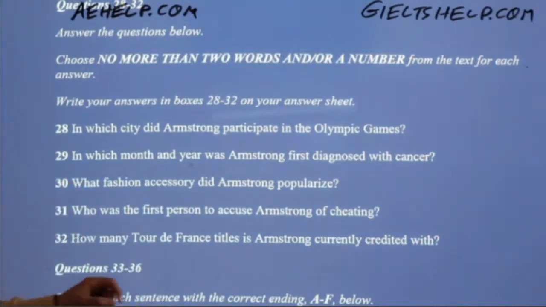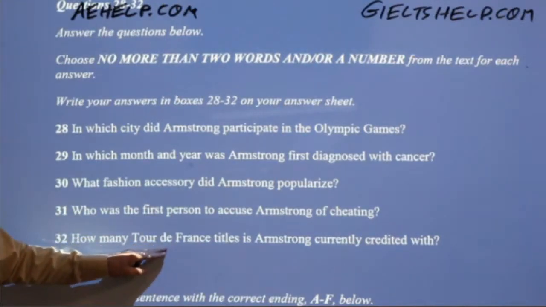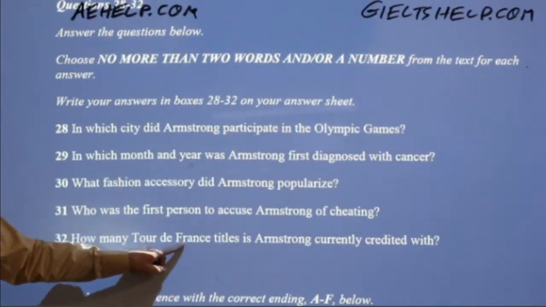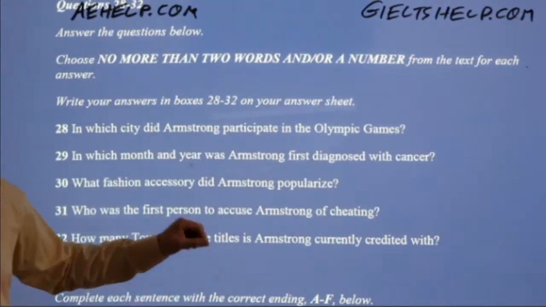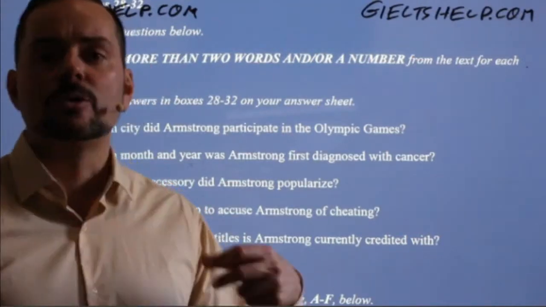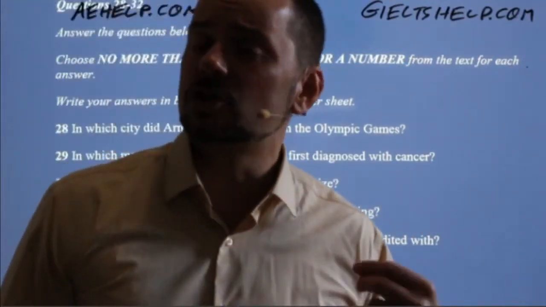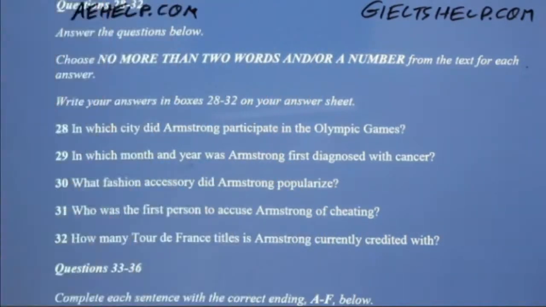Because it looks like the correct answer is somewhere in the beginning or the middle, but the correct answer is actually at the end, and you don't discover that until you read the last part of the passage. So the only one that you answer while reading is list of headings. Okay, that's the only one that makes sense. It's the only one that doesn't distract you from the information in the passage. Okay, so you have to be careful.